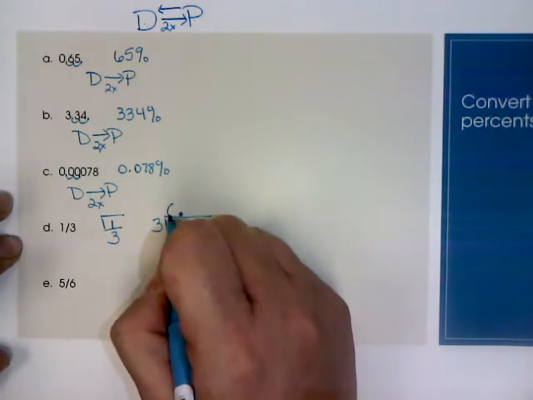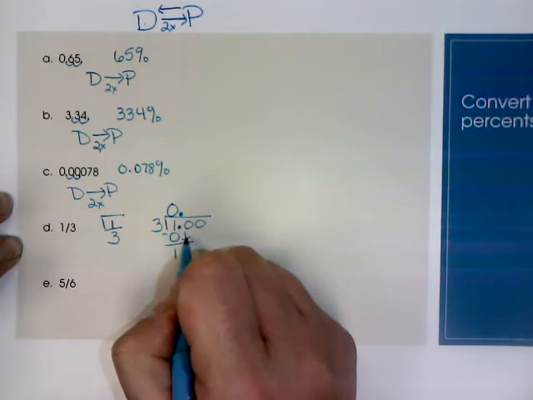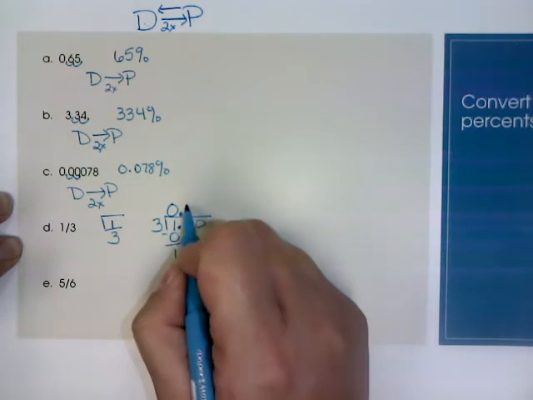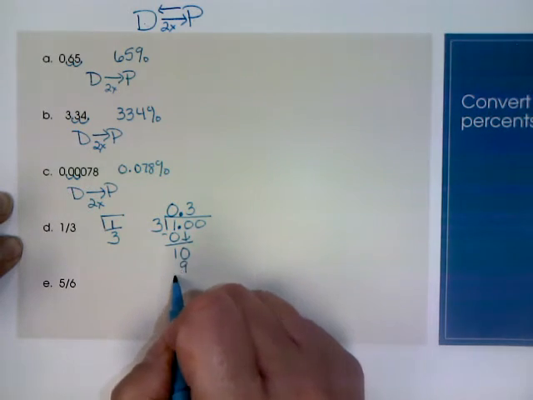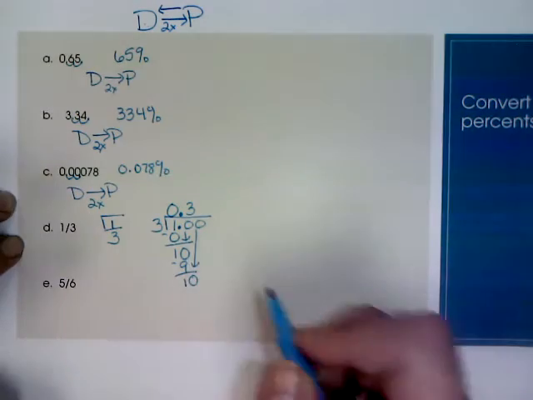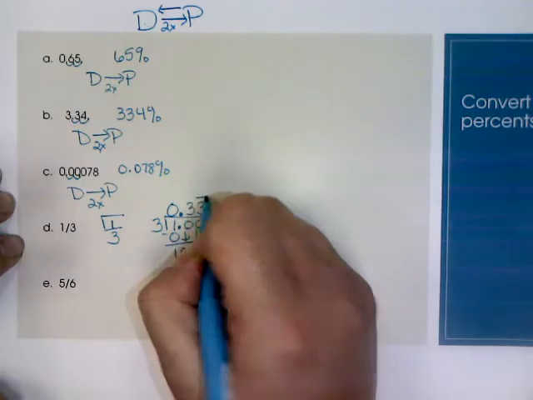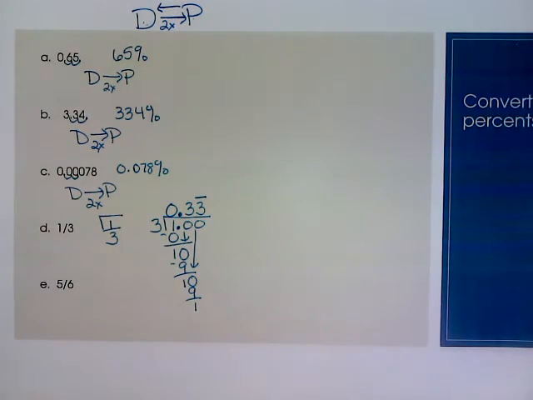There are 0 3s in 1, so 0 times 3 is 0. I'm going to subtract, bring down a 0. I have 3 times 3 is 9. Subtract gives me another 1, bring down a 0. 3, 9, 1, and I'm going to notice that that's a repeating number.